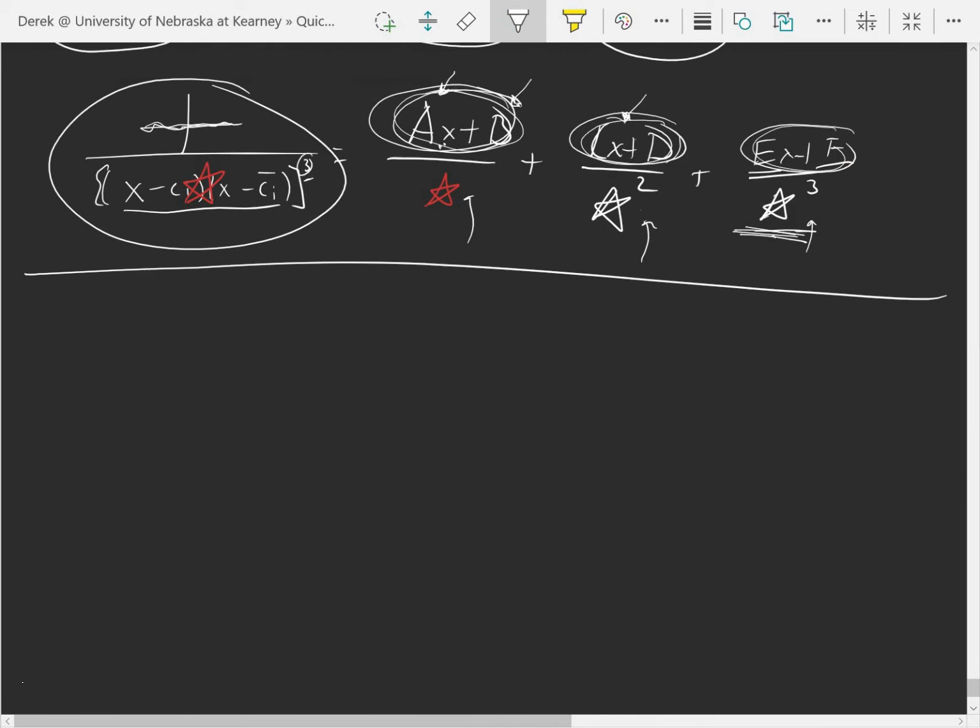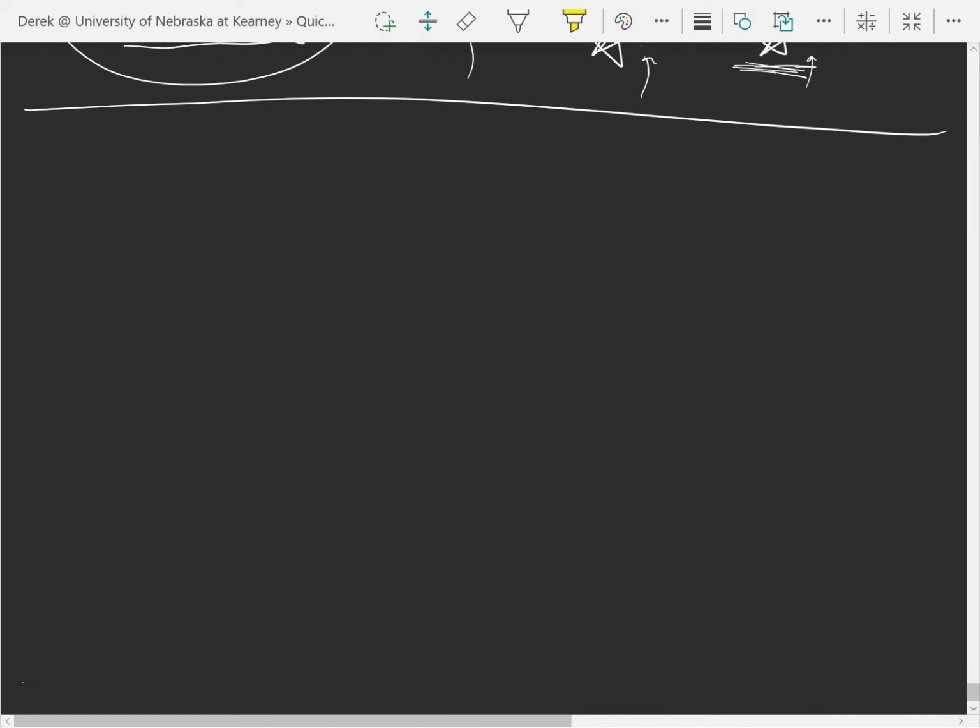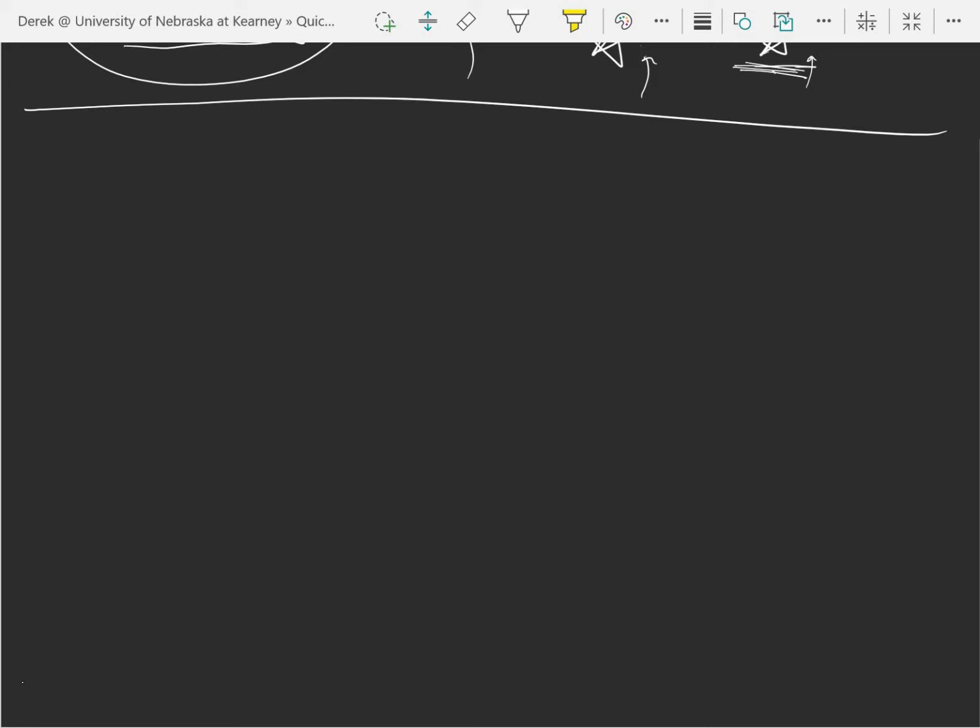So let's do an example of something with a repeated quadratic, because those seem to be the hardest. So let's look at trying to get a proper fraction decomposition of, let's just say, x plus 1 over x squared plus 4 to the third. So let's try and get a proper fraction decomposition for this.